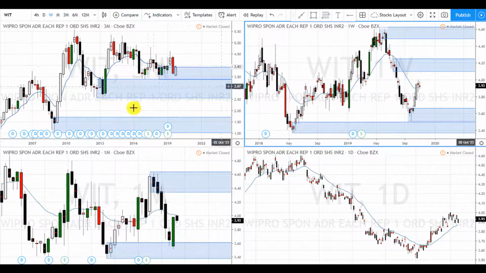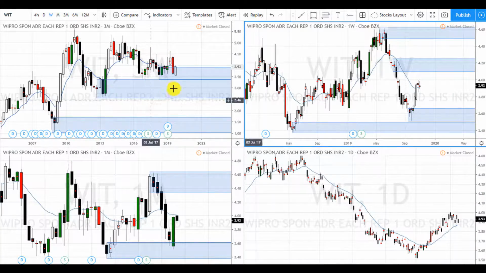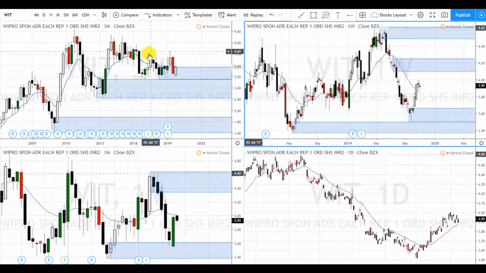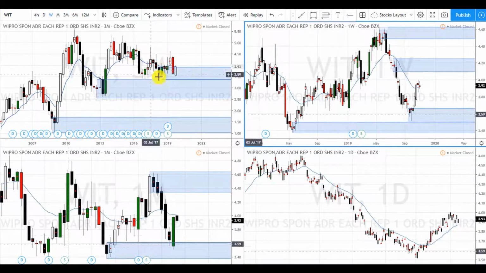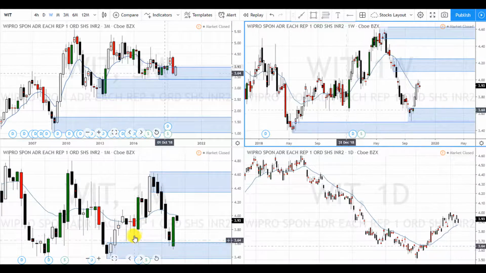So putting all the pieces of the puzzle together, we have monthly or 3 month and up is an uptrend. It's an uptrend because new areas of supply have been created right here, but this level is not tradable.